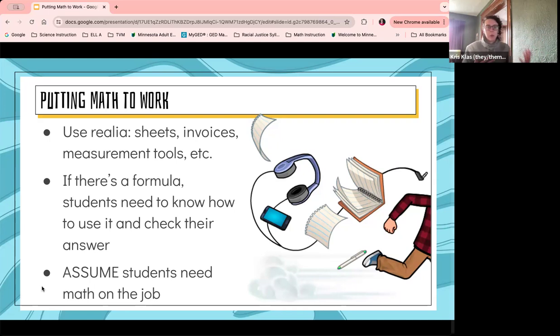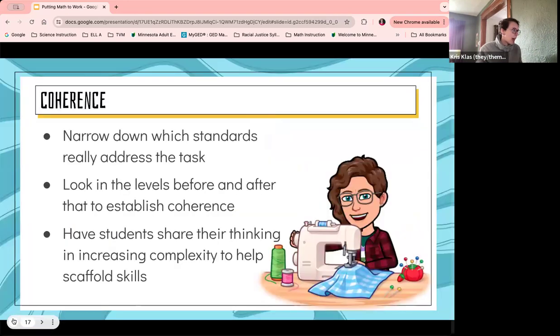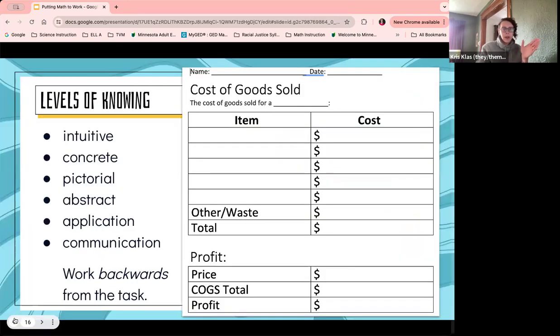Going back to what we talked about earlier in the job shadowing or talking to employers and employees, make sure that you are using realia and tools, forms, invoices, things like that, that the students are using, so that once you've built up that math task, it has that connection to the workplace. This particular task, the cost of goods sold, this form was just from the curriculum.